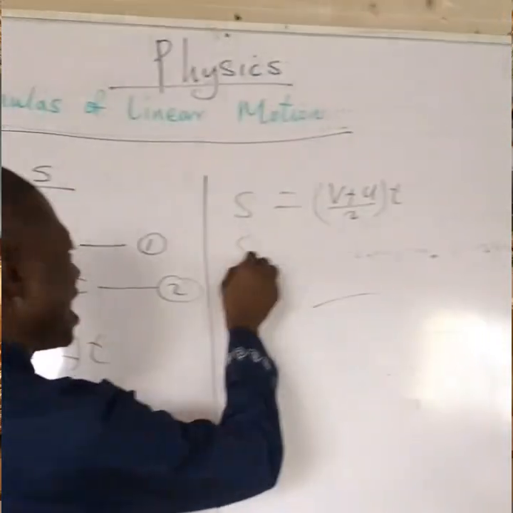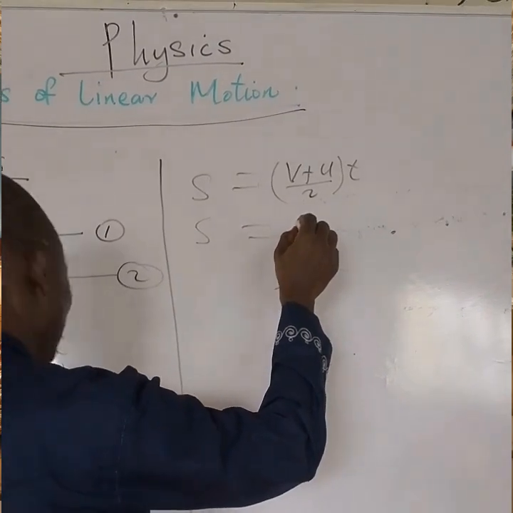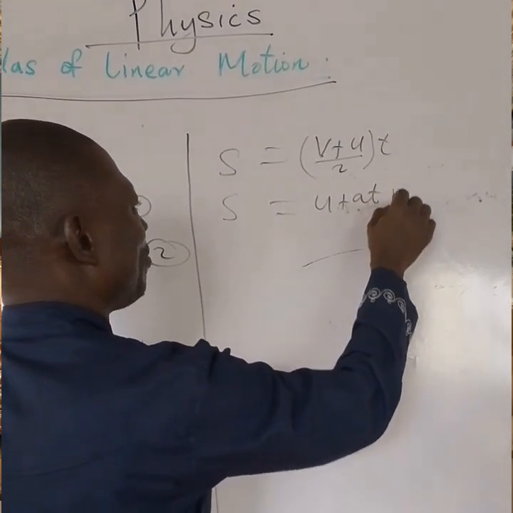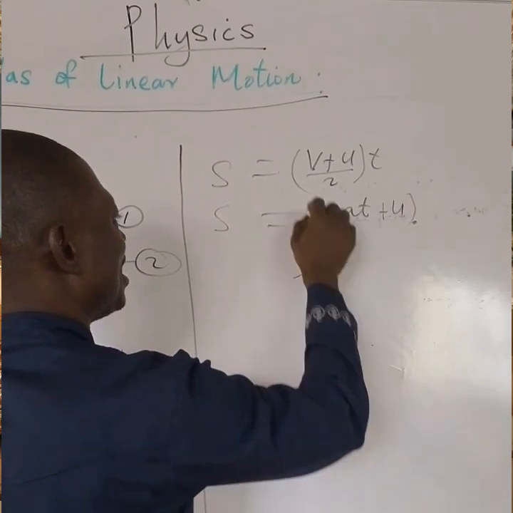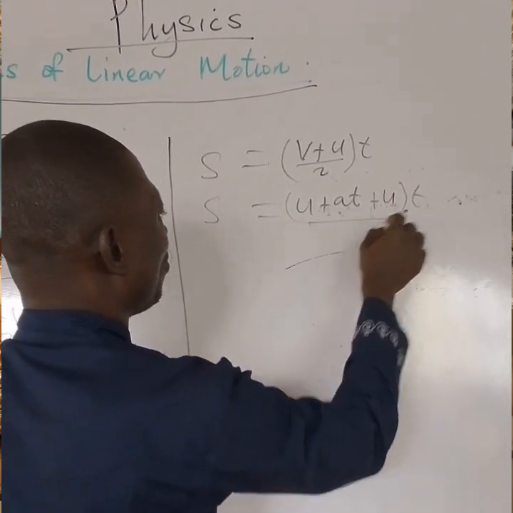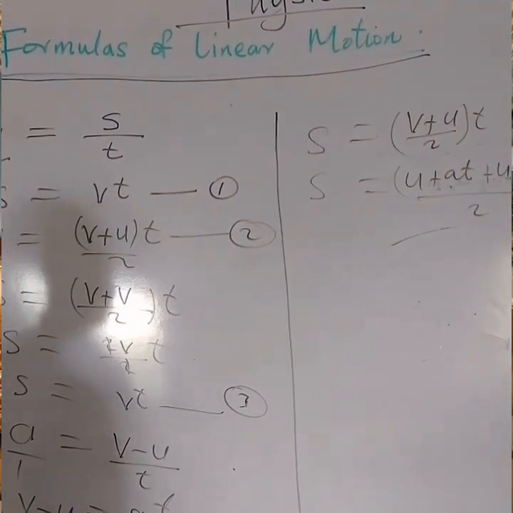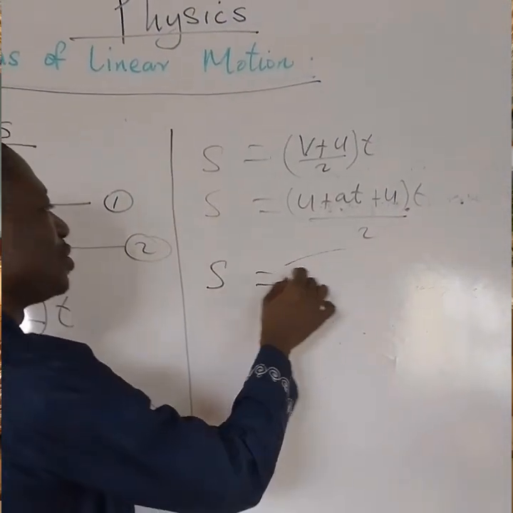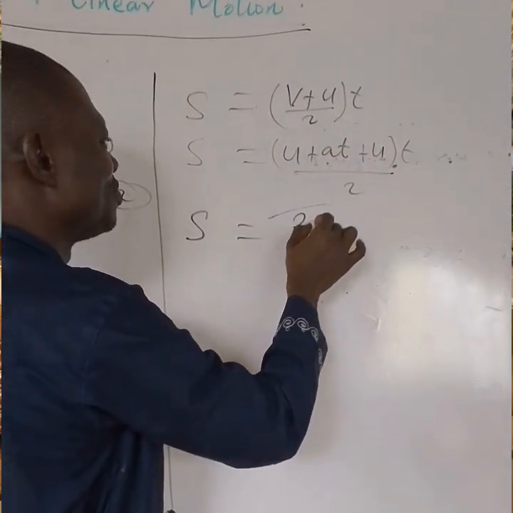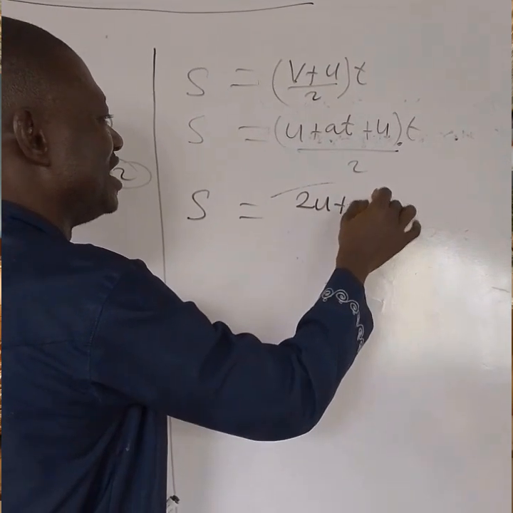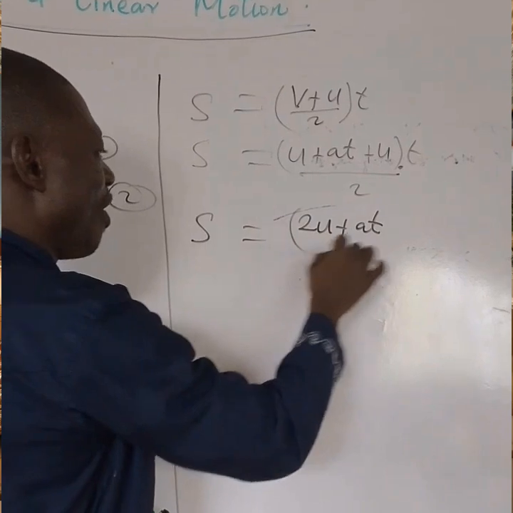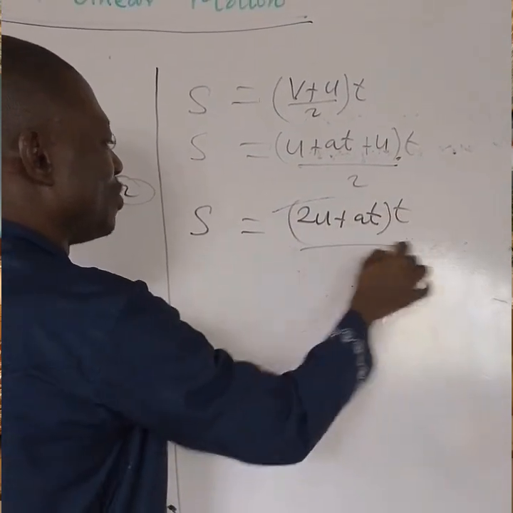And so S is equal to U plus AT as V plus U brackets T all over 2. In this case now, S is equal to U plus U here is 2U plus AT, inside the bracket, all multiplying by T over 2.